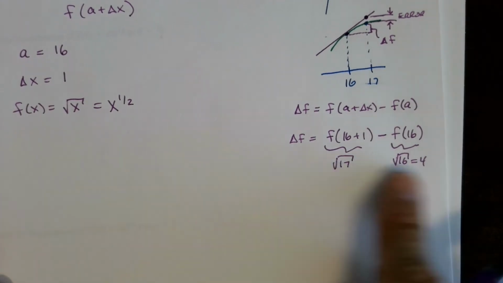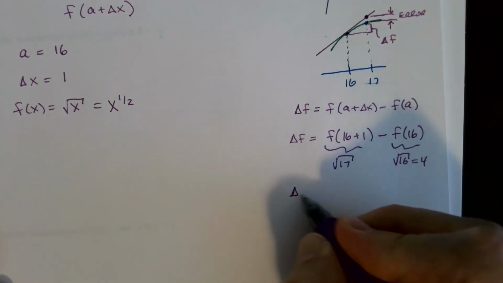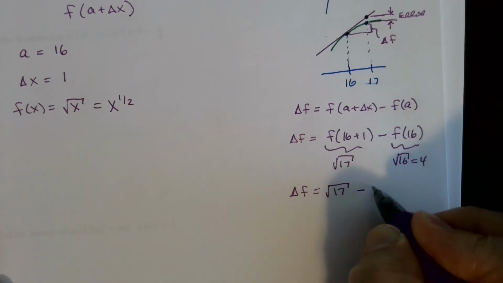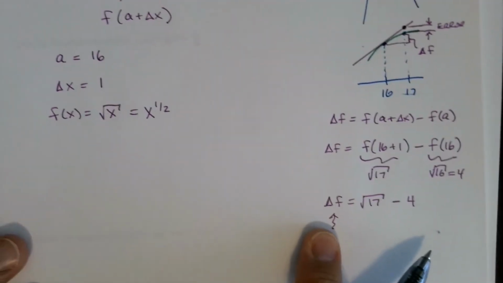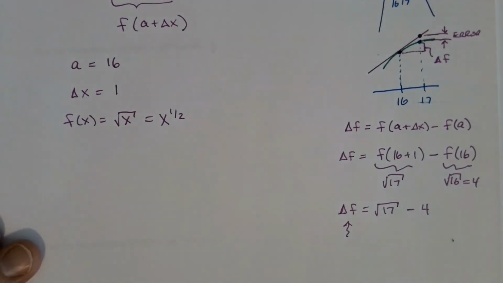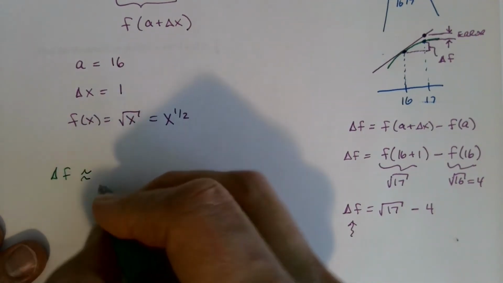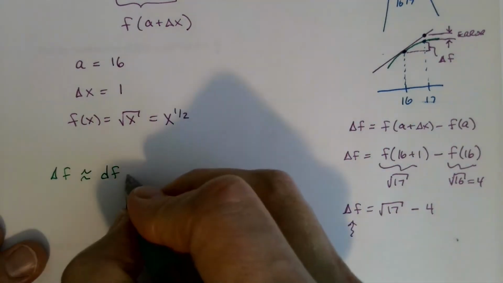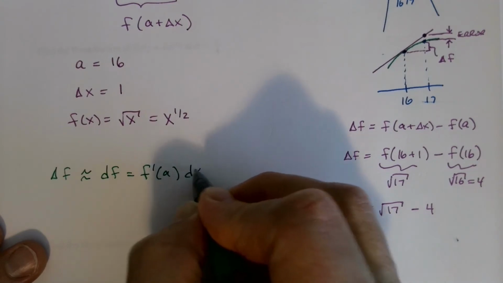So keep in mind, this is the equation we have here that basically says the change in f is the square root of 17 minus 4. And what I'm going to do now is estimate this with the differential. So the change in f is approximately df, or dy, which is f prime of a times dx.